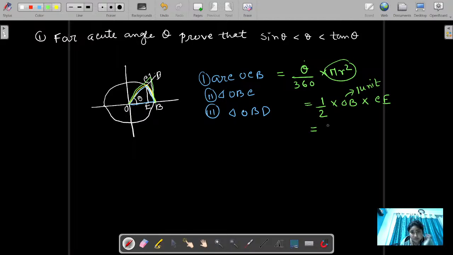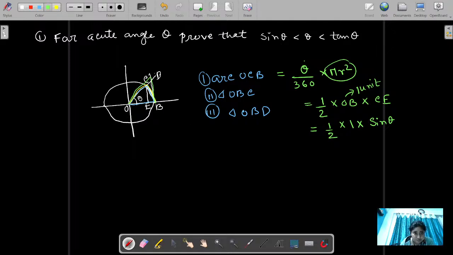CE is the perpendicular, right? So in place of OB I can write 1, and in place of CE I can write sine theta, right? Why sine theta?